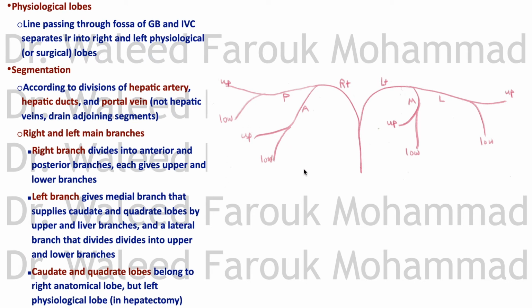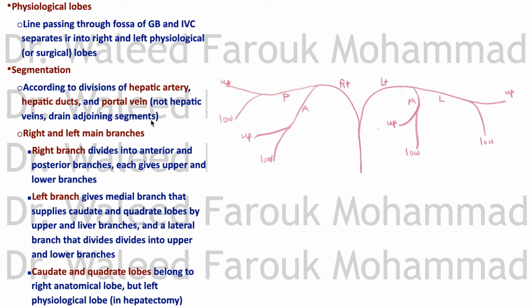Physiological lobes of liver follow one of 3 structures, either the branches of the hepatic artery or the bile duct or the portal vein, not the hepatic veins. And this is a question. You divide the liver into segments according to the branches of the hepatic artery, the hepatic ducts, and the portal vein.